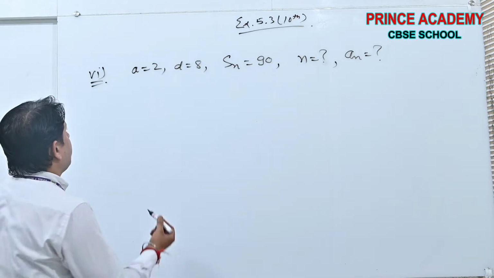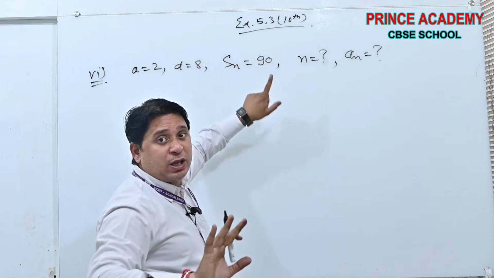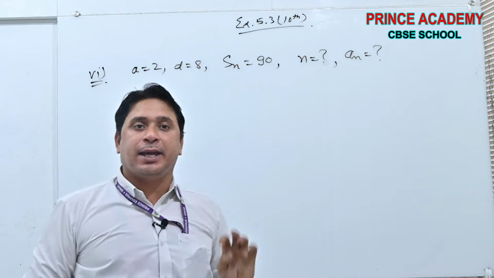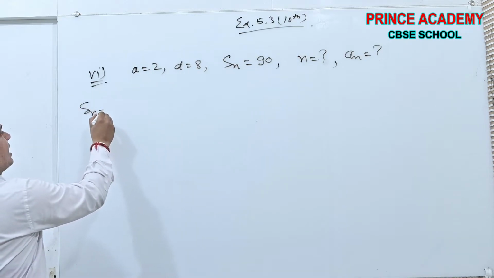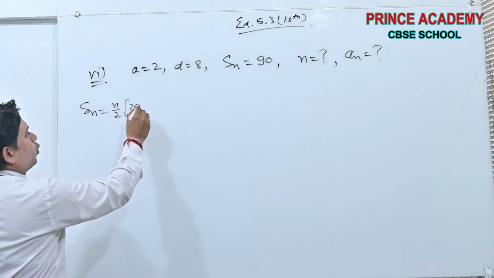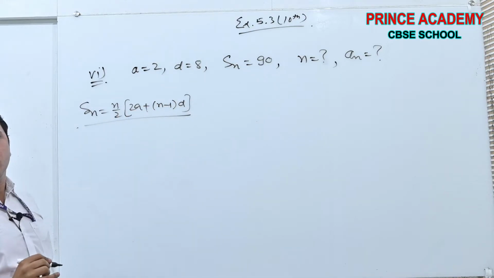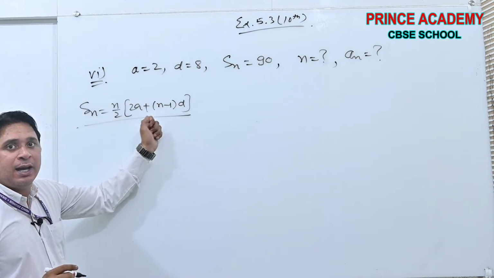Okay, now see it. A and D are given, Sn is 90. Use the formula of Sn having terms n, a and d. See beta, what is the formula if you remember? Sn is n by 2, 2a plus n minus 1 into d. Yes or no? Use this relation, because this is having a, d and n.